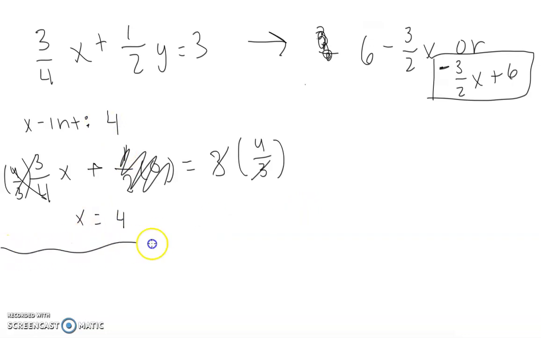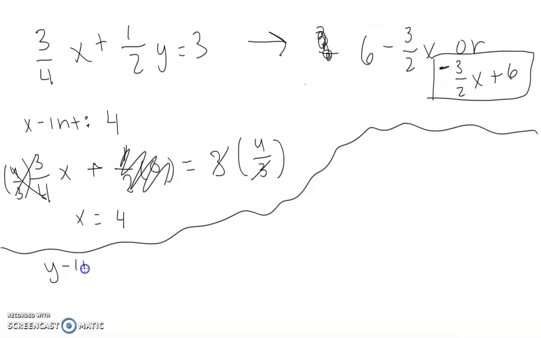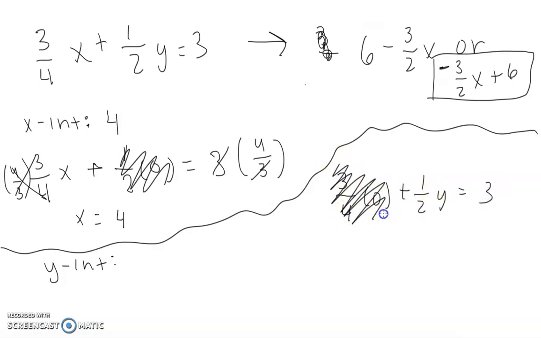Now, we're going to do the y-intercept. Same thing here, except we're going to make the x 0. So we're multiplying by 2 to cancel it out.